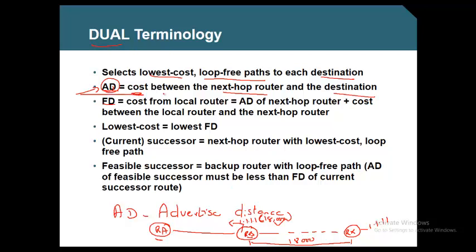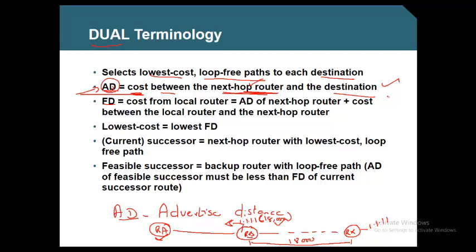Now you read this line, cost between the next hop router. What is the next hop router in our case? For router A, advertised distance is coming. Advertisement is coming. Now for router A, who is the next hop router? Router B. Now you see, advertised distance is the cost between router B and the 1.1.1.1.